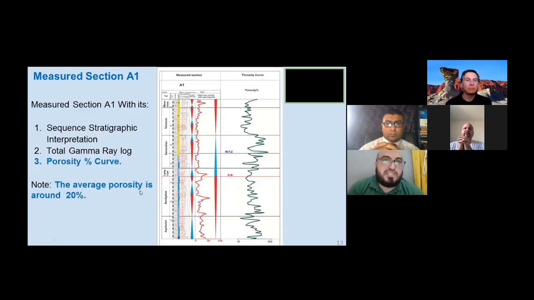You see here the detailed A1 measured section. The most important thing here, you see the porosity curve. So, as we said, in the Middle Miocene, we have a high carbon excursion to look for source rocks, or to indicate organic productivity.